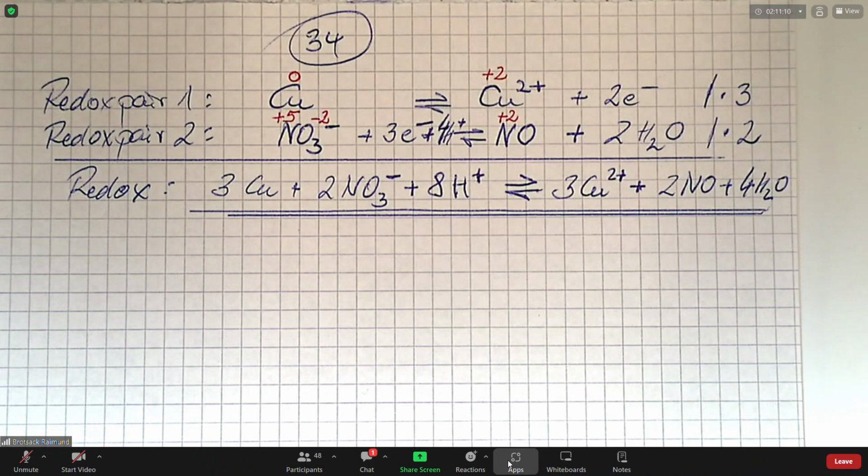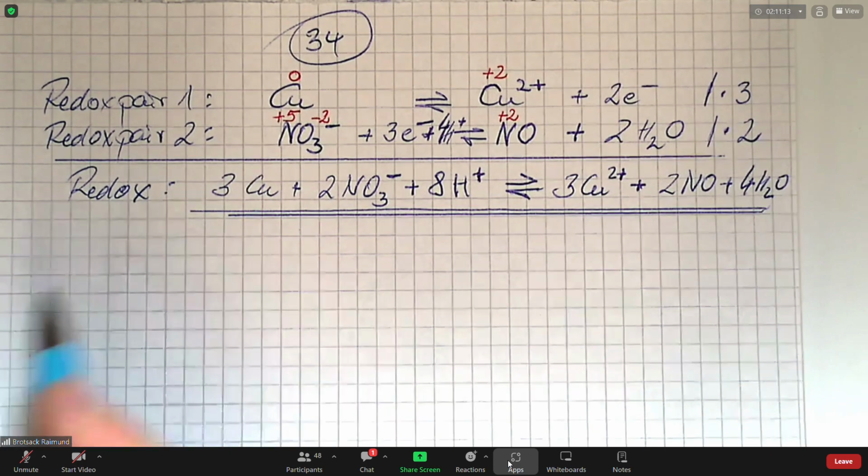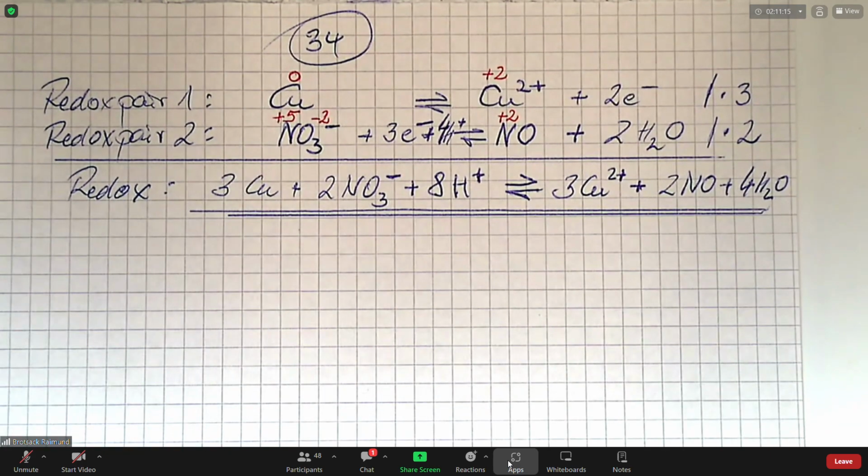So, well, for the second redox pair, we have to balance the charges and we have to balance the number of elements.